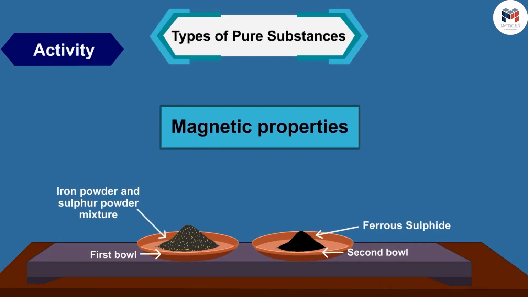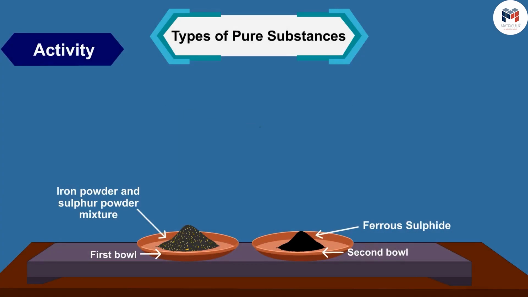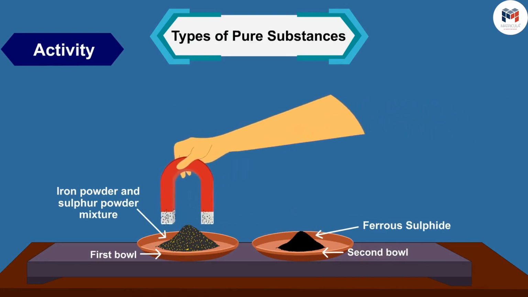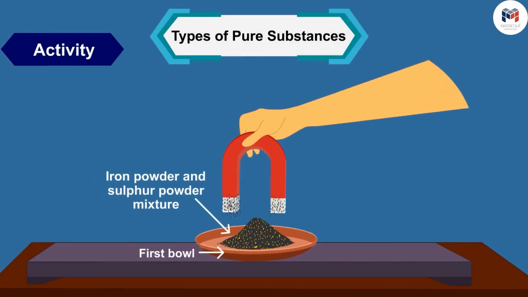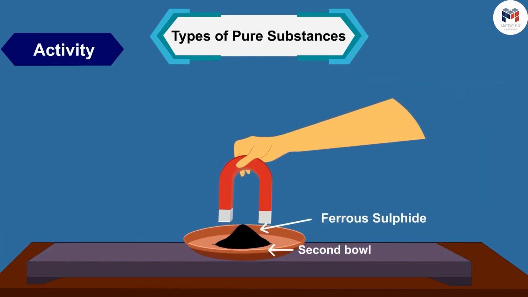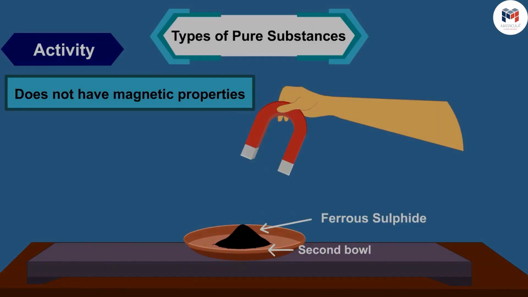Now check the magnetic properties in both cups. Bring a magnet near the material. Check if the material is attracted to the magnet. What do you see? The material obtained in cup 1 has magnetic properties, while the material obtained in cup 2 does not have magnetic properties.